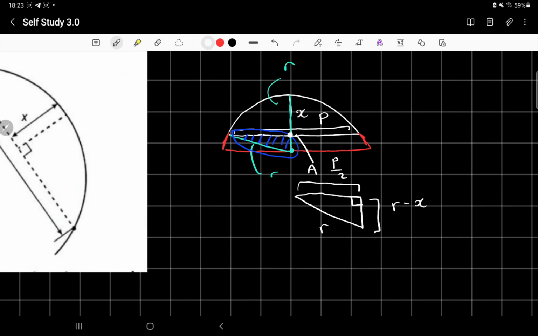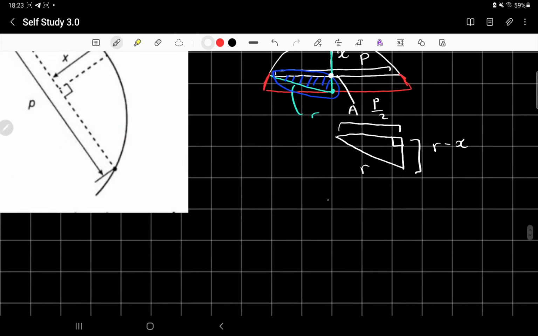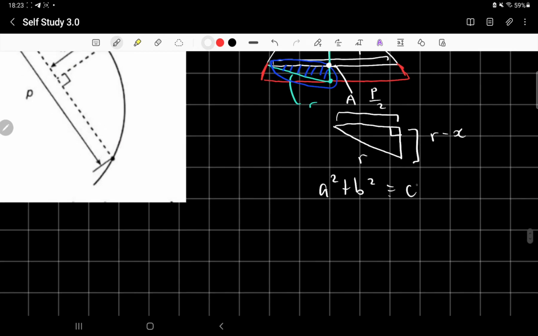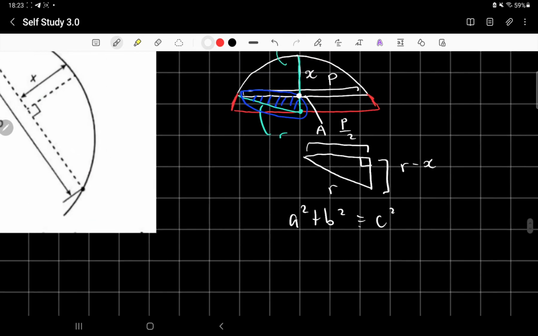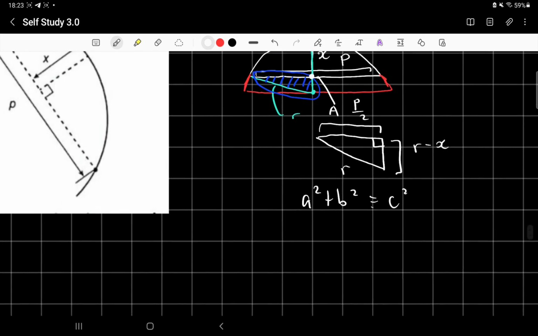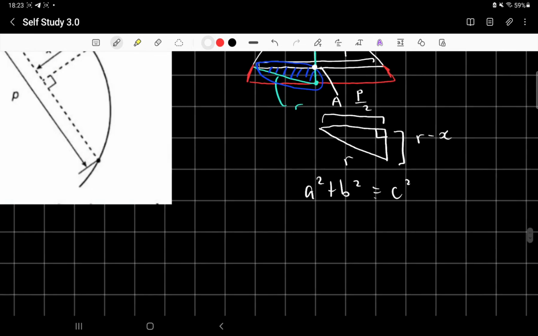Now, whenever there is a right angle triangle, we can use the Pythagoras theorem, which is a squared plus b squared is equal to c squared. Squaring each of the two shorter sides and adding them together gives the square of the longest side.